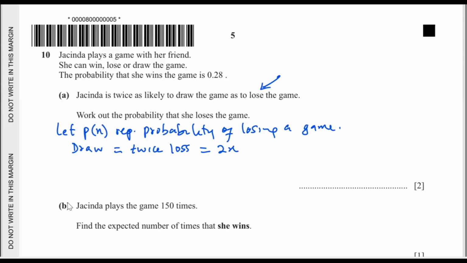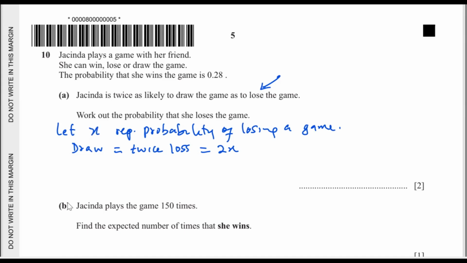So now the probability of draw is this. We are going to add all of these together.